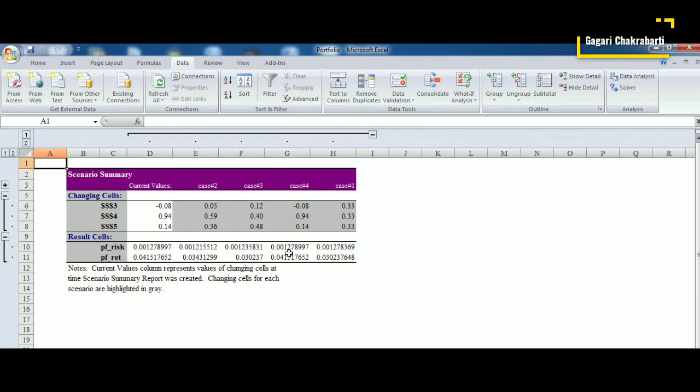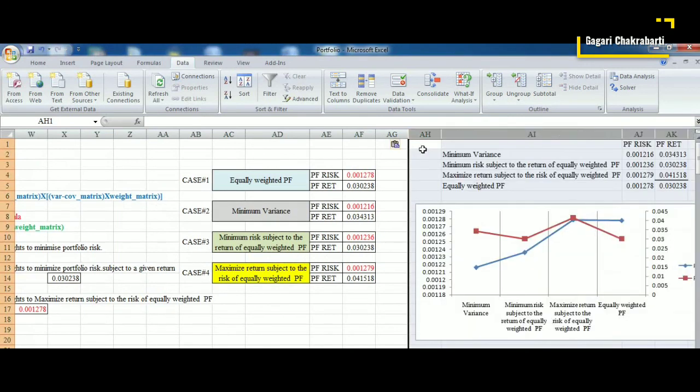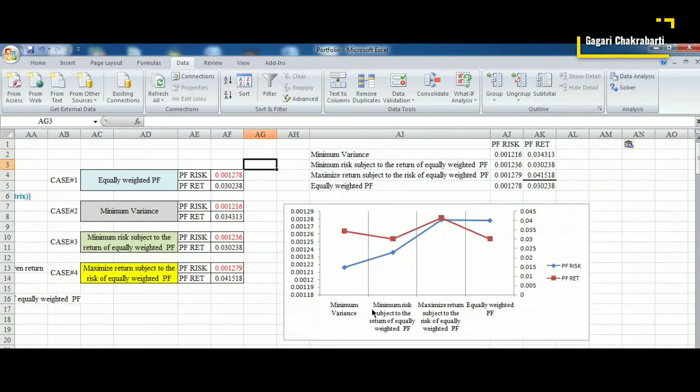Now the same thing can be interpreted using a formula or using a diagram. So here the blue line shows the risk and the red line shows the return. This is the risk for the minimum variance portfolio.